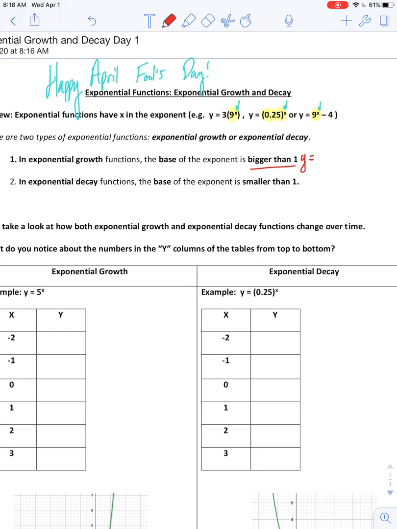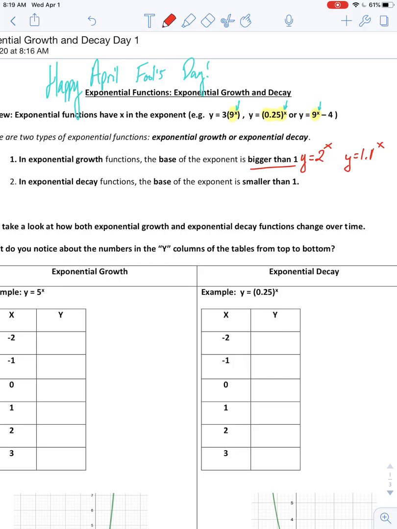They keep growing. And the base of that exponent is going to be bigger than 1. So this might be y equals 2 to the x, or y equals 1.1 to the x, or really any number that's going to be bigger than 1.